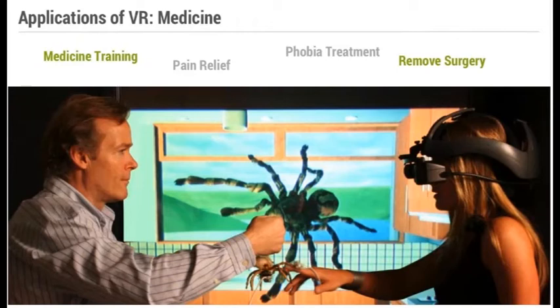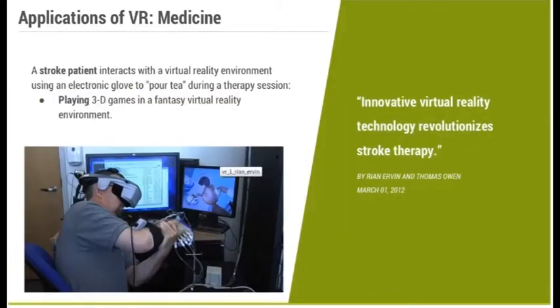So medicine again was one of the early adopters of these technologies, but now it's really coming along. Again, if you see here, it's from a paper on how the internet is changing how therapy is conducted. In this case, it's a stroke therapy that is allowing these people to play with the teapot and try to adjust the senses on that.